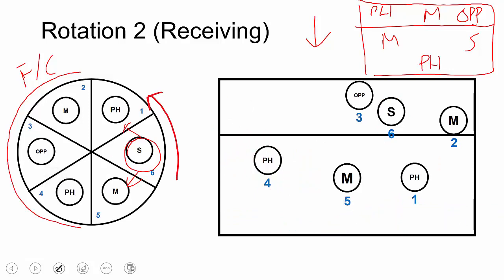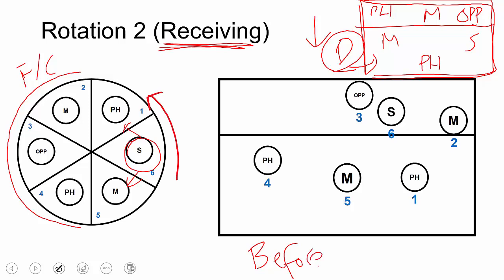So this is serve receive, so receiving, and this is defense. That's defense. This is our default position when we're defending the ball. Because remember that rotations only count before the serve. So that's what we're looking at. Once the serve goes, you can be wherever you want.